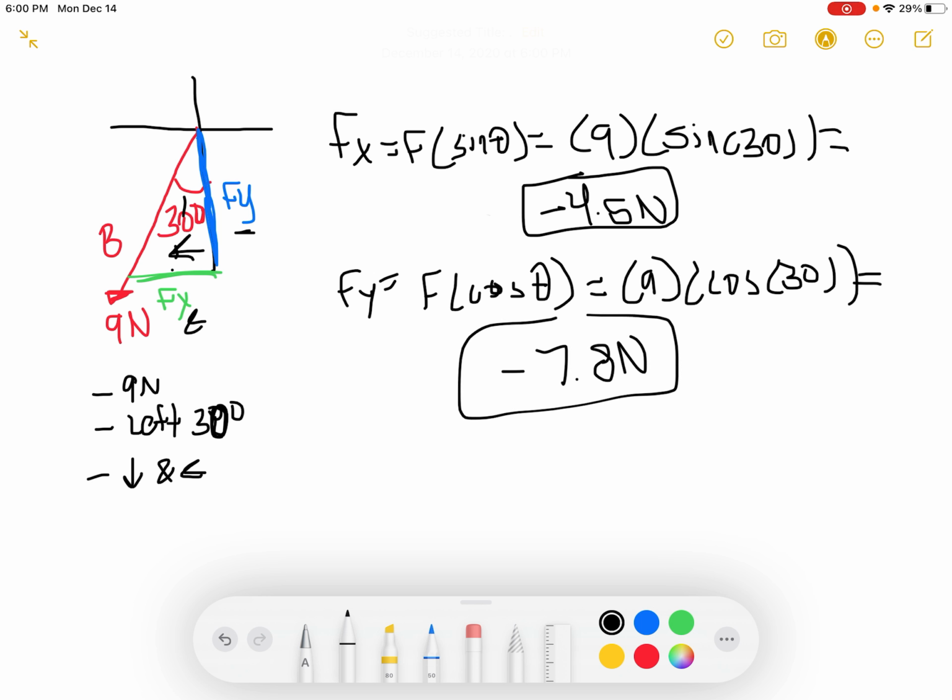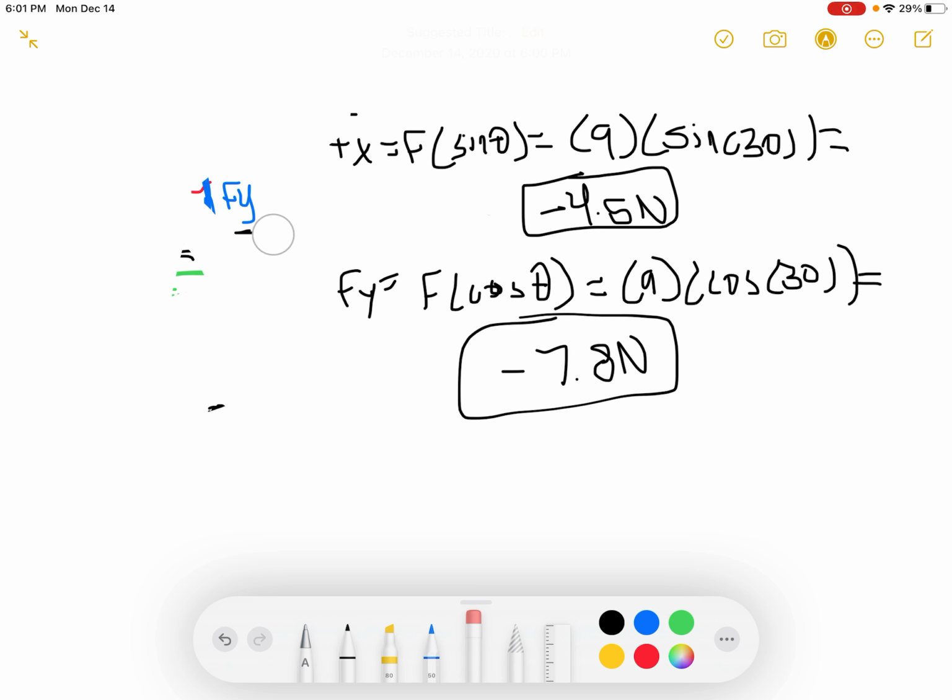Negative, though, because it's down. Down means negative. So now we found both. Now we're going to use what we solved for vector A and B to solve another problem. So let's erase all of this and write down what we know.